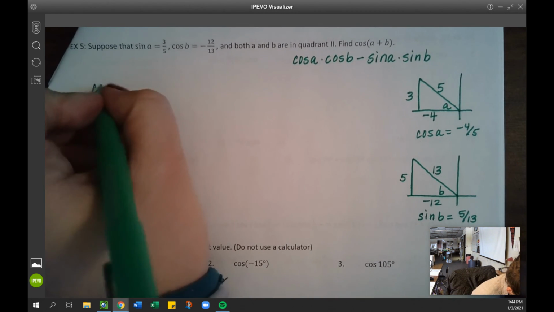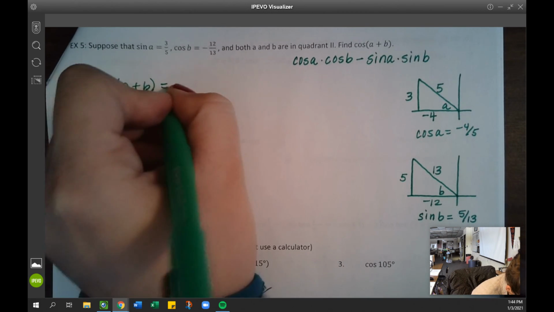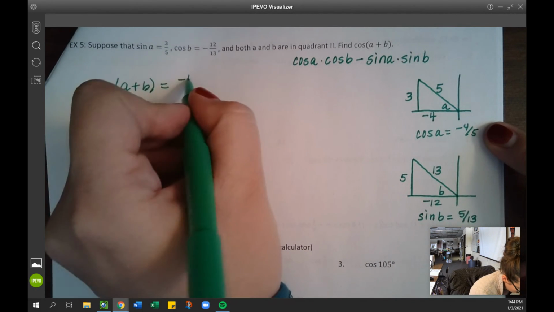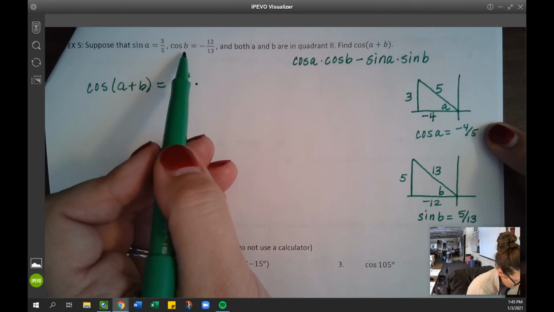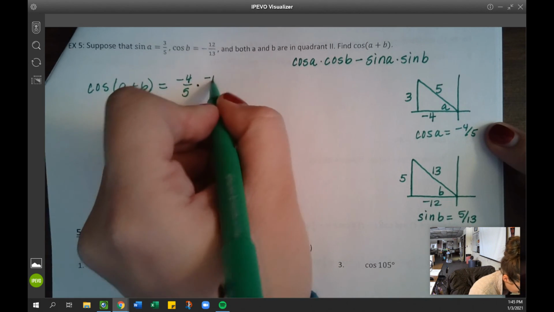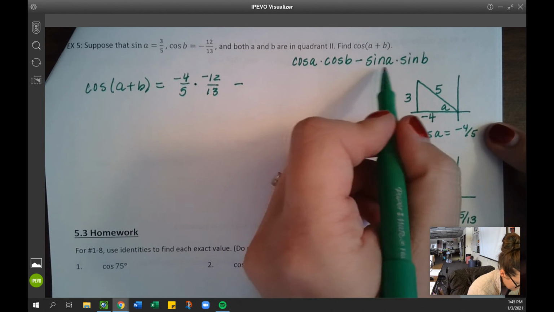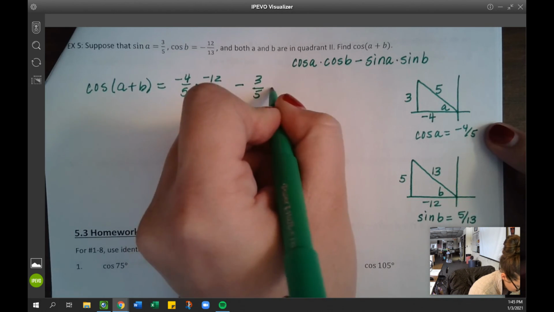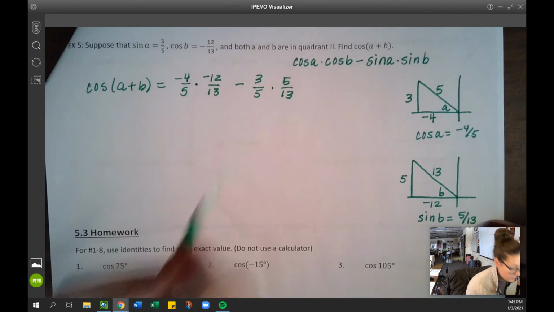So cosine A plus B is going to be cosine A, -4/5, times cosine B, -12/13, minus sine A, 3/5, times sine B, 5/13.